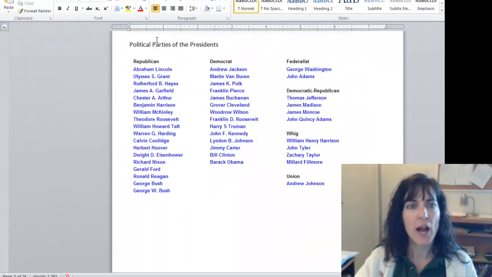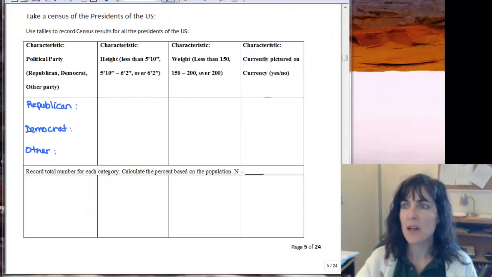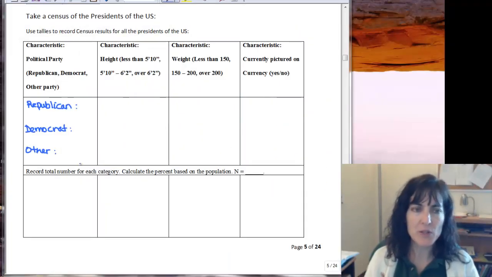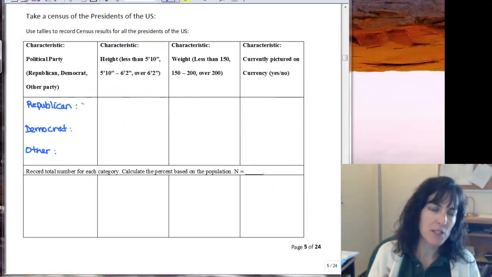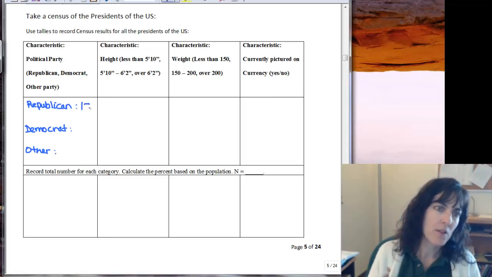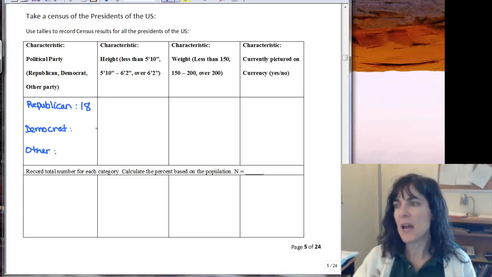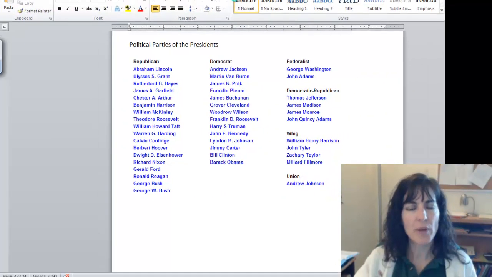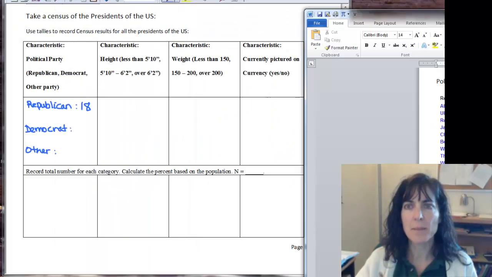Let me put this over here. I can actually just count 1, 2, 3, 4, 5, 6, 7, 8, 9, 10, 11, 12, 13, 14, 15, 16, 17, 18 of our presidents have been Republican, so I don't even need to tally because I can easily just count that. There's 18 of those. And then Democrat, come back here again, 1, 2, 3, 4, 5, 6, 7, 8, 9, 10, 11, 12, 13, 14.